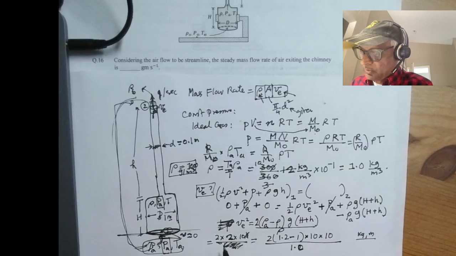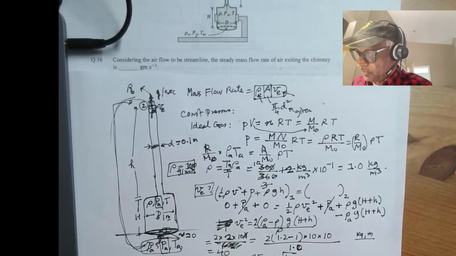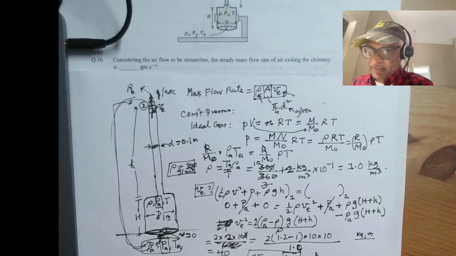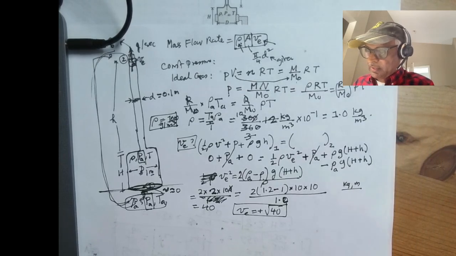So this is 40. V_E is a speed, so I'm going to take the positive square root of 40. So we got V_E.